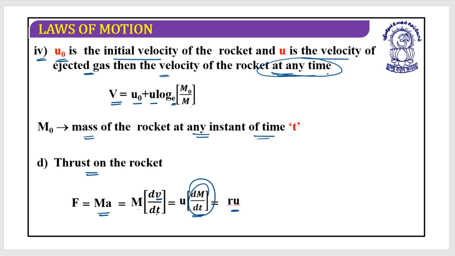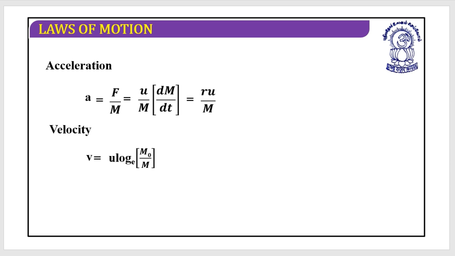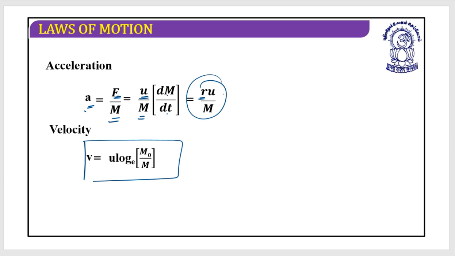So F is R into U. If I require acceleration, then acceleration can be written as F divided by M. Let's replace the value: F was U into dm by dt, divided by M. This could be written as R into U by M, where R is the rate of mass of gas that has been ejected. The final velocity could be written as U log of m naught by m to the base e.